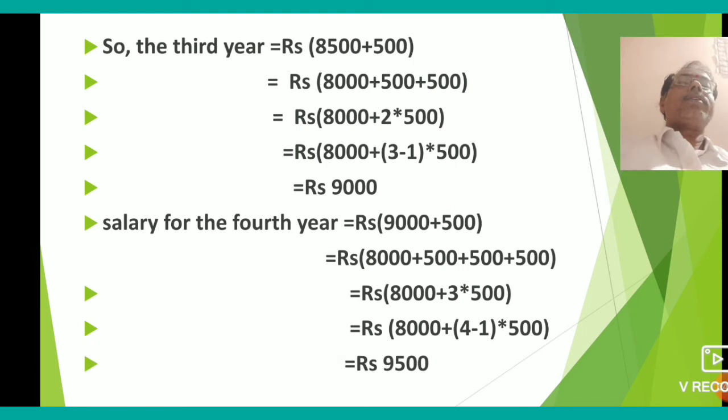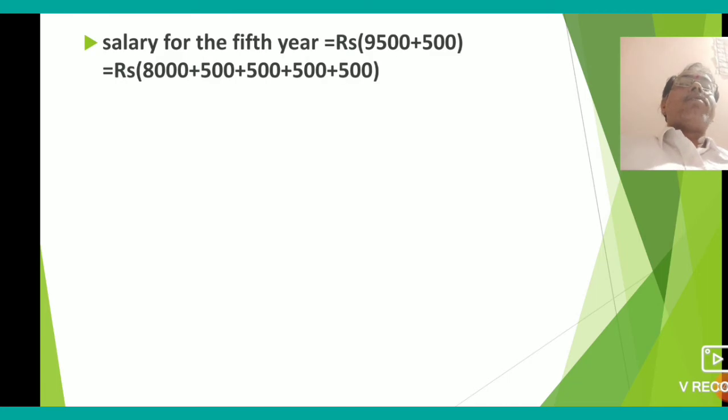And then next we get 9,500 obviously. Now salary for the 5th year. Again your fourth year salary, we know, is 9,500. Add 500 to that 9,500. But again we are maintaining a particular pattern. So 9,500 can be written as 8,000 plus 1,500. We need that pattern here.